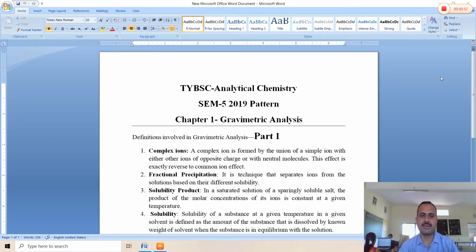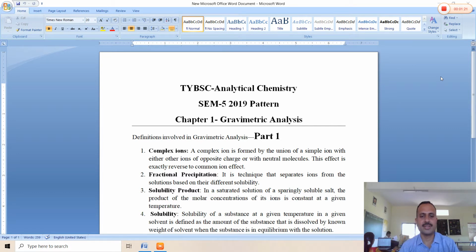So if the complex ion is positive, then the other simple ions are negatively charged or neutral species. This effect is exactly the reverse of the common ion effect. In the common ion effect, common ions get together and association or dissociation either increases or decreases. But in the complex ion, this is the reverse effect of the common ion effect.